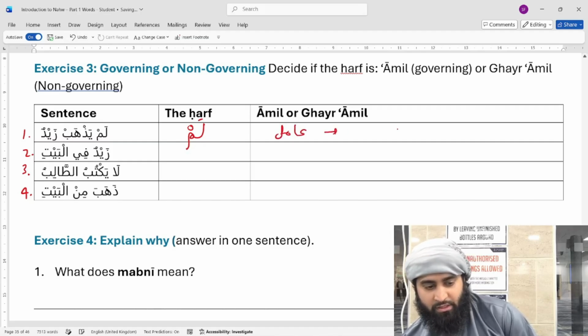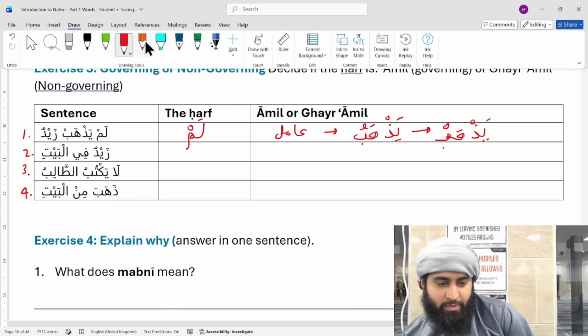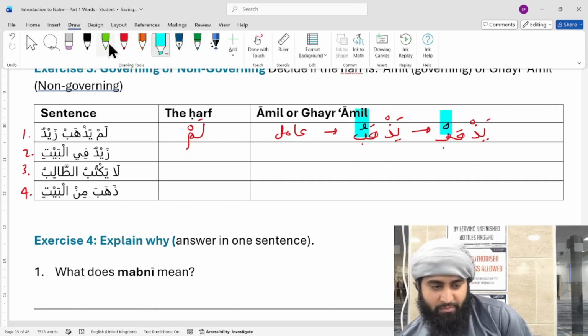Look, it was yadhhabu. And what did it make it into? Yadhhab. For the people still understanding, look, it made it into sukoon. With lam, it makes it into sukoon.